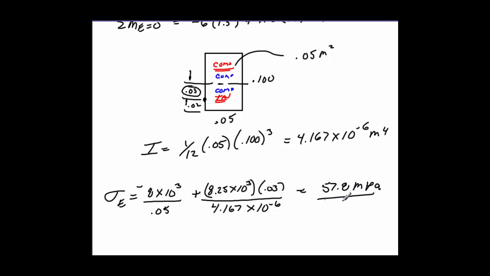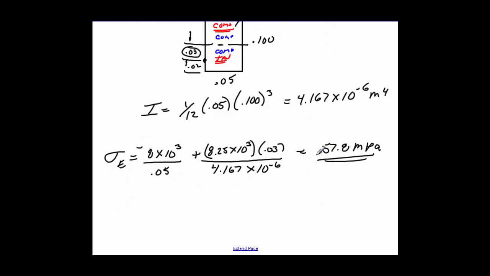Now I think when I looked at the solution manual, they let these signs be the same. But when I checked the math, they ended up coming up correctly here. So even though one of these is incorrect in the solution manual, they did do the math right. Now that would be what the bending stress would be.